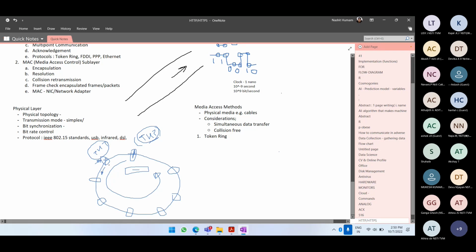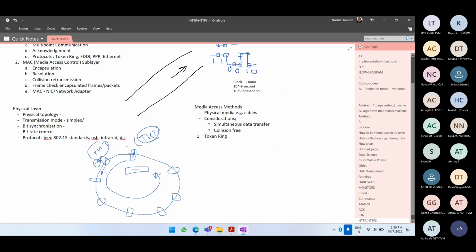Right. So what the benefit would be: if the token is there on this network, no machine or device can transmit its data. If you are having that token, only then you can send your data, else you cannot.